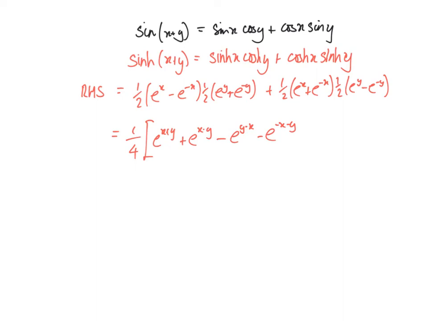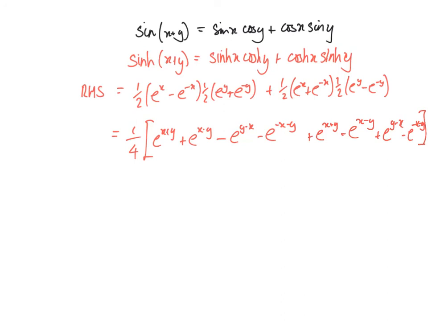As well as that, then on the right hand side here, we've also got a half times a half is a quarter, so I'm going to leave that there, and let's multiply this out. So e to the x times e to the y is e to the x plus y. And again, we're going to get something similar when we do this. We're going to get minus e to the x minus y plus e to the y minus x and minus e to the minus x minus y.